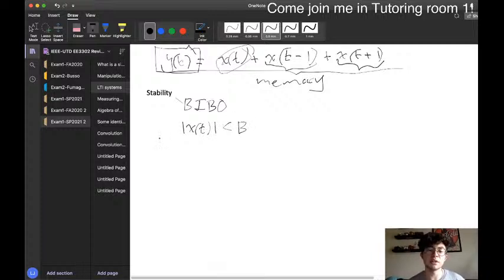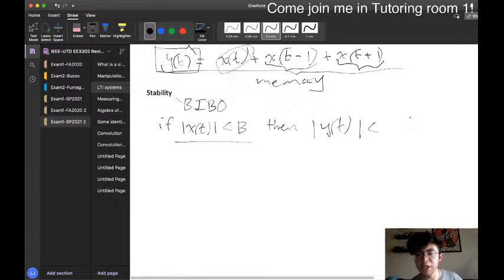So let's say for all t, the magnitude of x of t is less than B. It's just some number; it has a maximum value. Then if we have this, we should get some other bound on our output, y of t.